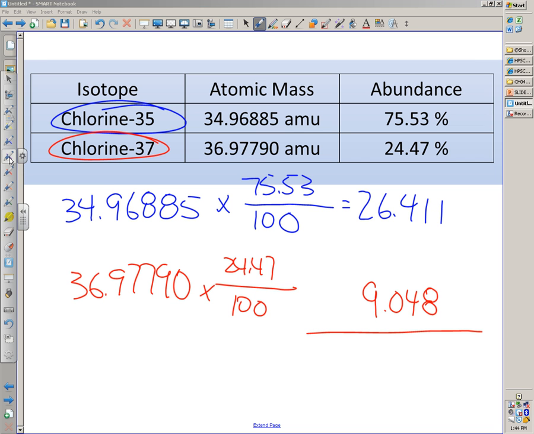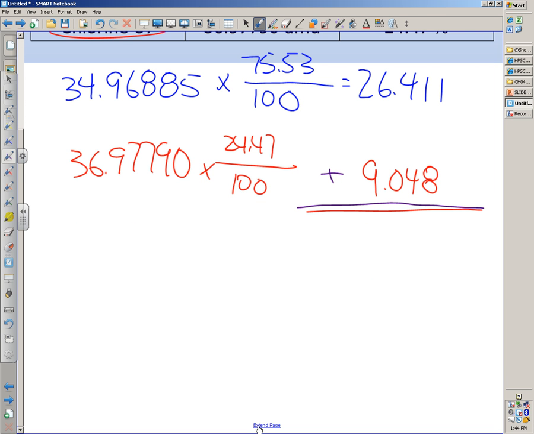So then, what did we say we had to do with these two numbers? Add them together. And if you add them together, I bet you'll get 34.45. How do I know you'll get 34.45? If you look at the periodic table, find chlorine.